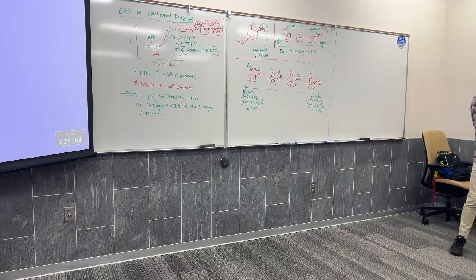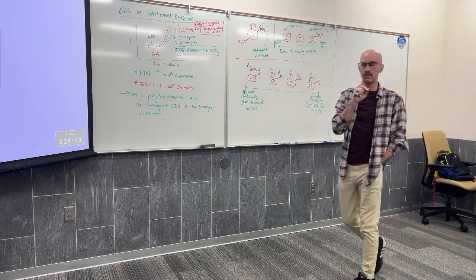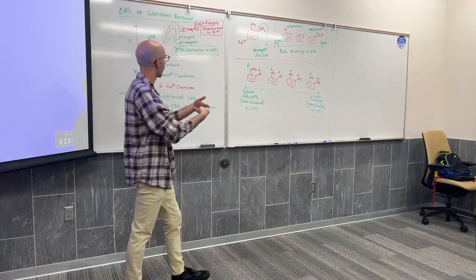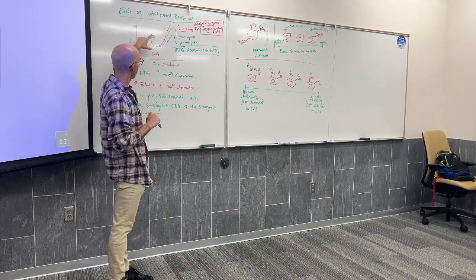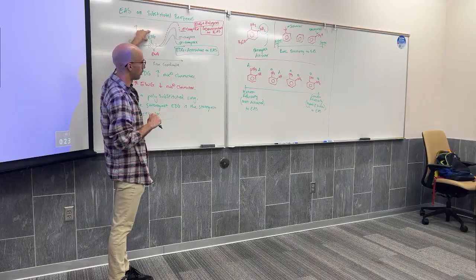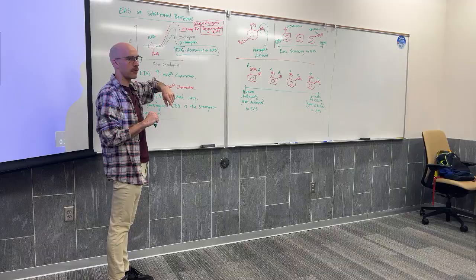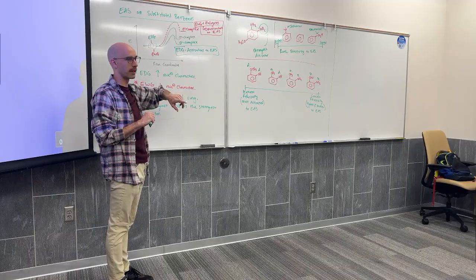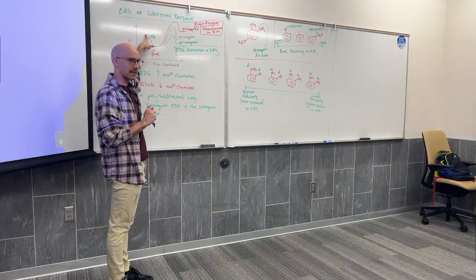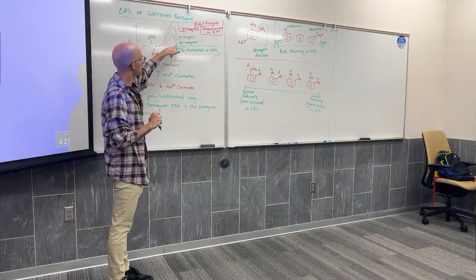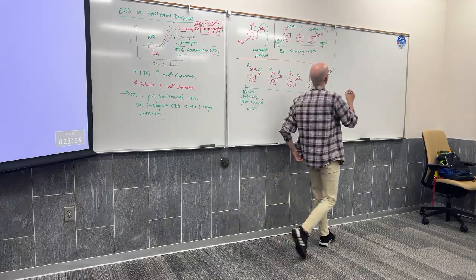What I want to look at next is a bit challenging because they really go hand in hand. First, what I want to look at is if we have an electron donating group, how does that impact the nucleophilic character? We've already seen it a little bit. And that will help us understand some of the directing effect. But then we're going to look back at the sigma complex, and that's going to reinforce the directing effect.